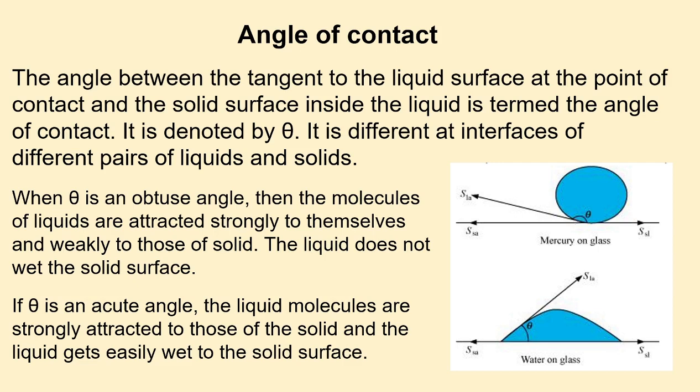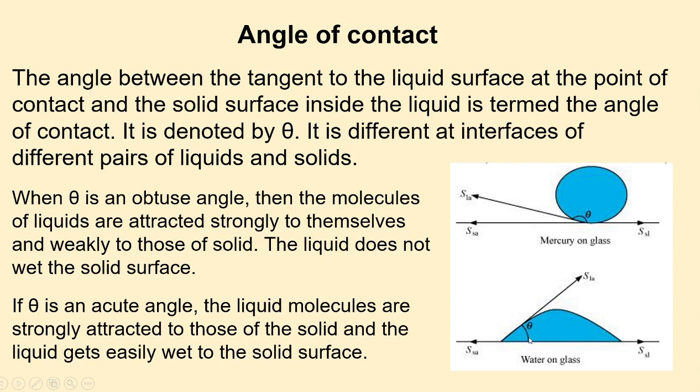But in some pairs of liquid and solid surface, we can see that the angle of contact is an acute angle. So what is an acute angle? An acute angle is an angle less than 90 degrees. In this case, the angle is less than 90 degrees. This is the solid surface, and this is the tangent, and this is the angle.